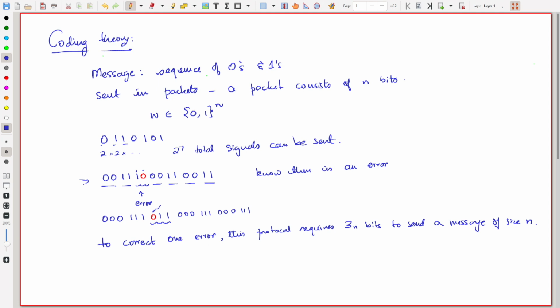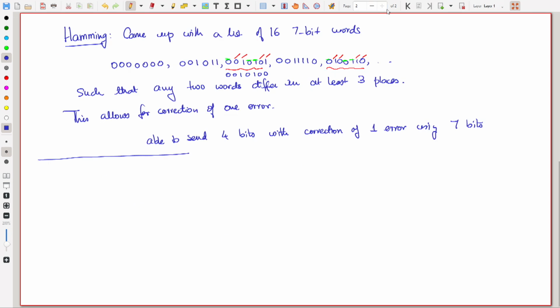In this triple thing, the set of valid signals is where every block of 3 has the same digits, and in Hamming's thing it is a little more complicated, but once you have this code written down somewhere, you know that there are these 16 permissible words. Formally, we will just say that a code is a subset of 0 1 to the n.